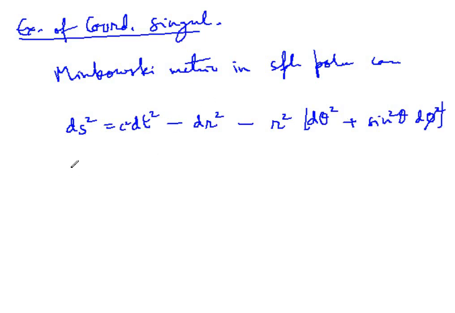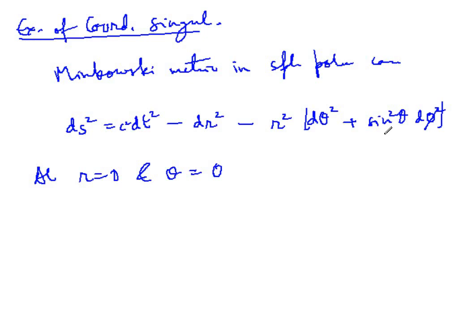Okay, so now you see, at r is equal to 0 and theta is equal to 0, we find that the coefficients of d theta square and d phi square respectively vanish. Here, this one.